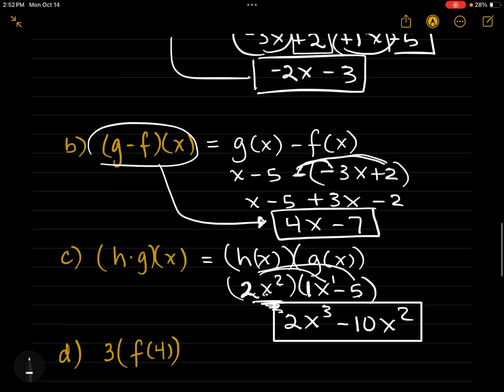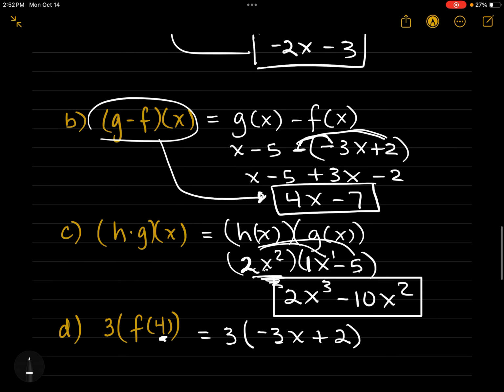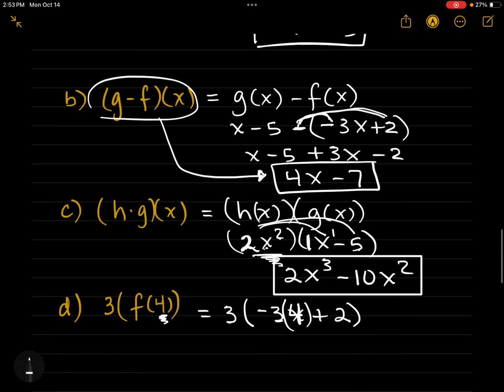Now, this one we can actually evaluate because it's not an x. We have a 4. So 3 times an f of x was negative 3x plus 2. But notice, instead of x, we're going to put 4. So we actually know this time that x is 4.